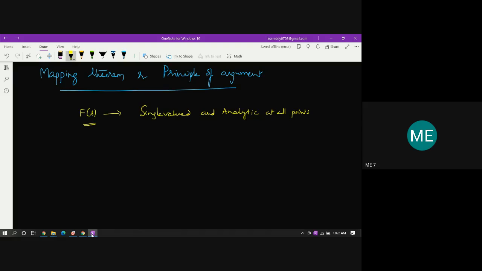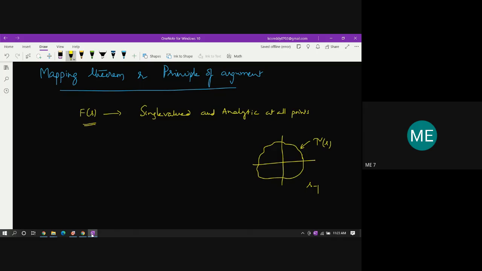Now consider a path, tau of s, an arbitrary closed path in the S plane.